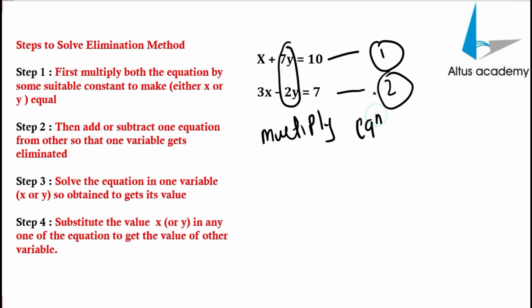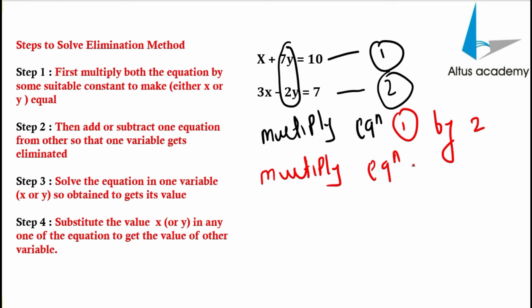So I'll multiply equation 1 by 2, and equation 2 by 7.